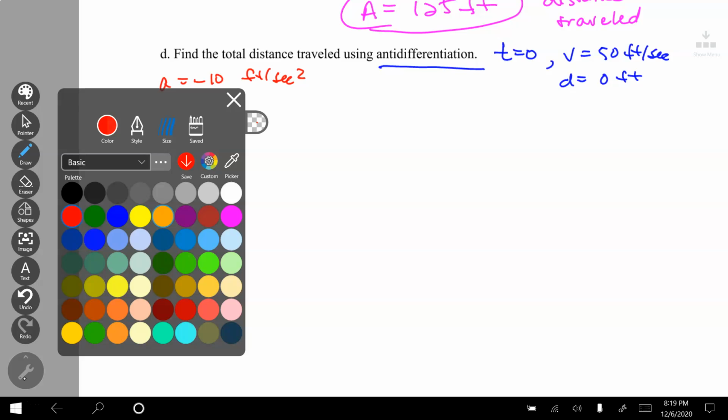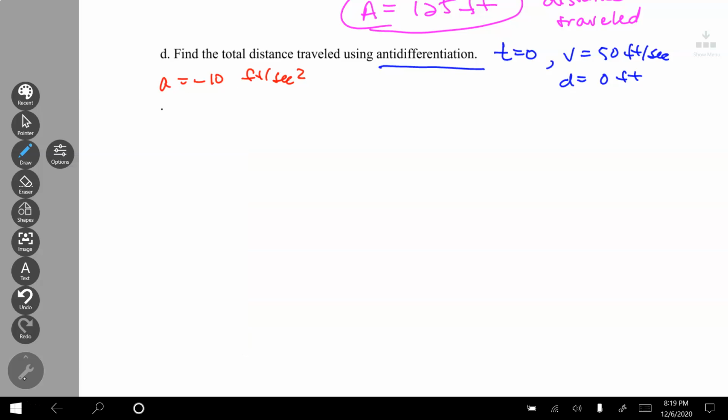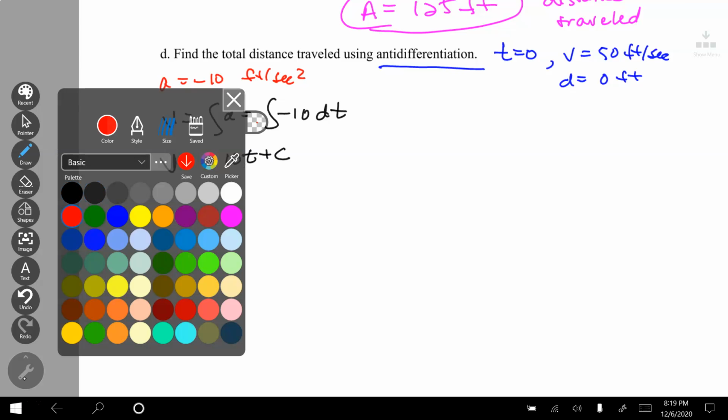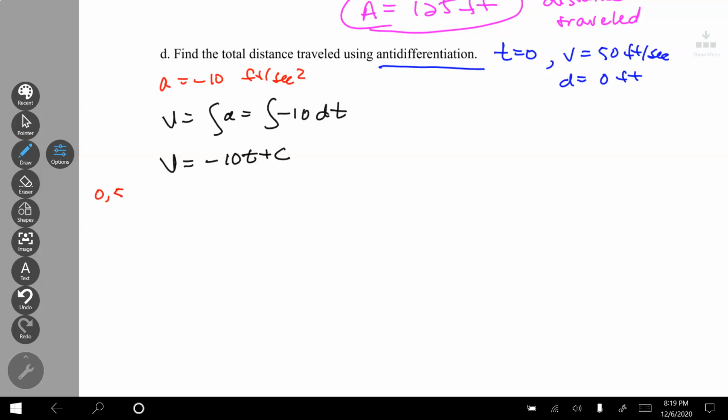So when I want to do my velocity, I take the integral, or the antiderivative of my a, which is -10 dt, and I have my velocity is -10t plus c, and I could plug in 0, 50. 50 equals 0 plus c, or c equals 50. So my velocity equation is -10t plus 50.